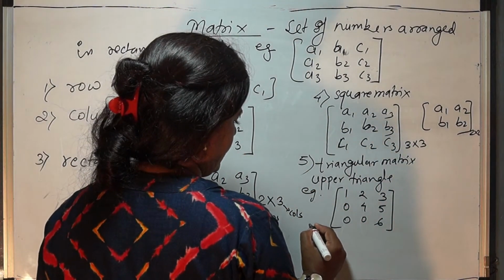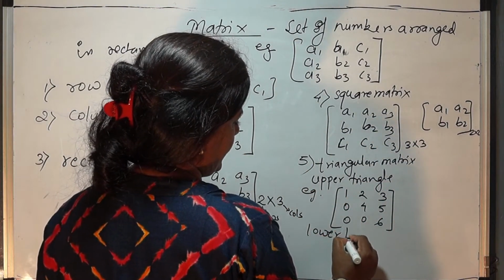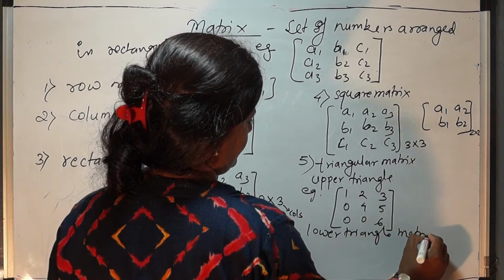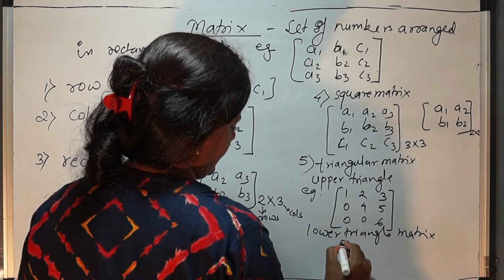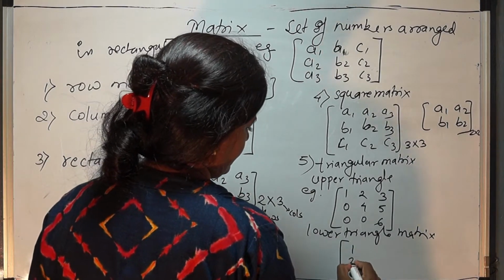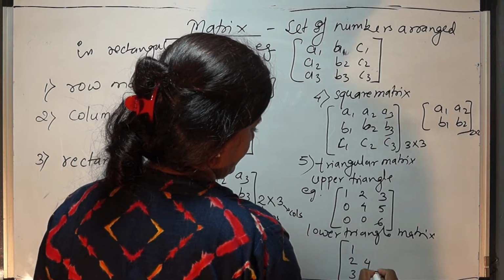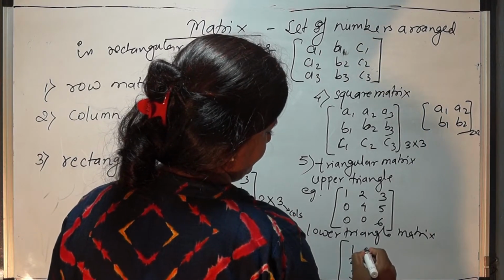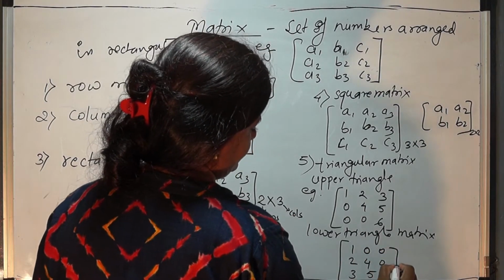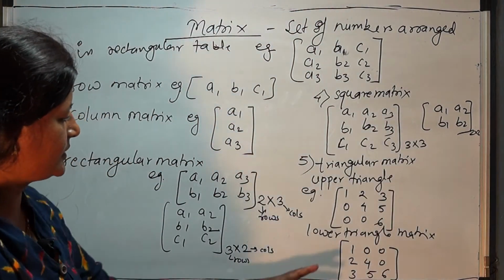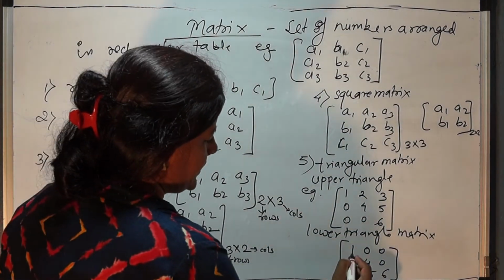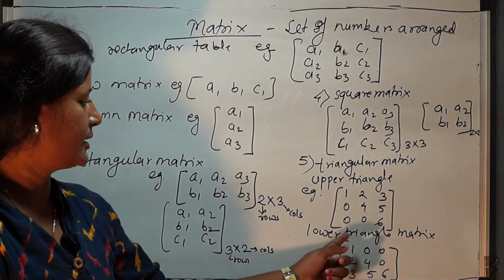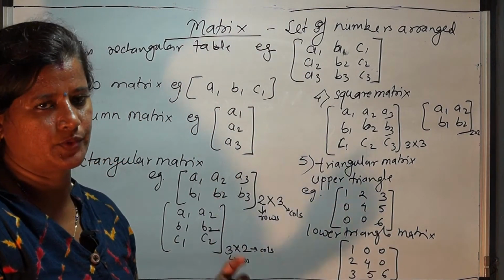Likewise the second type is lower triangular matrix, where lower triangle elements are there and in the upper the remaining are zeros.